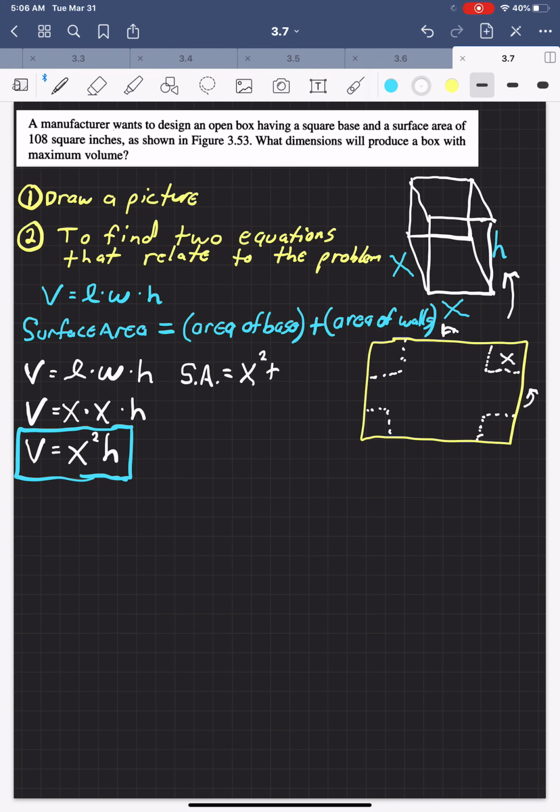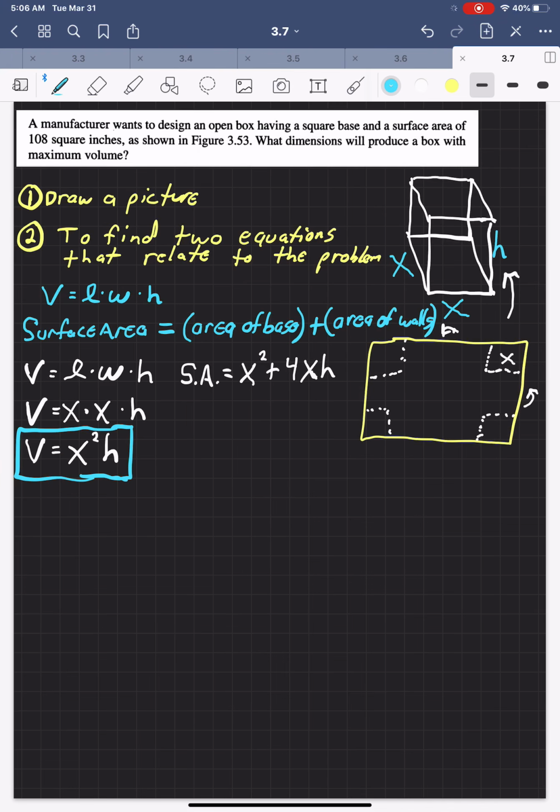So this is going to be plus 4 times, okay, what is the area of one of the walls? Ready? Let's do this one wall right here. What is the area of this wall? Well, it's going to be x times h. Okay, now you're on to something.